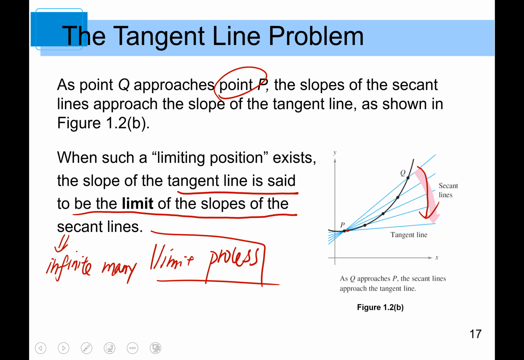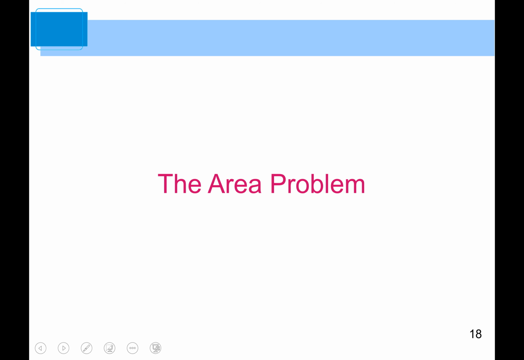The key thing is just moving point Q as close as possible to point P. This is point Q. So eventually you come infinitely close to point P. And that's how you determine the equation of the tangent line.